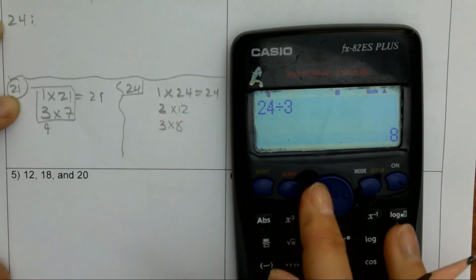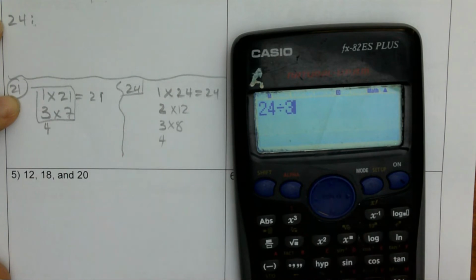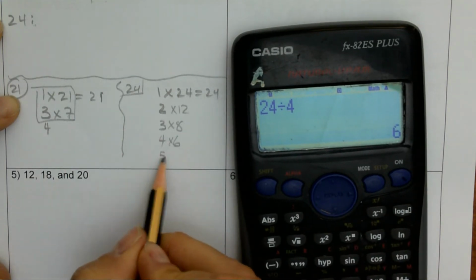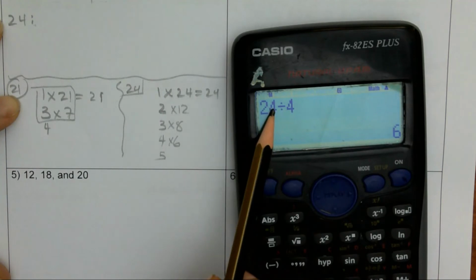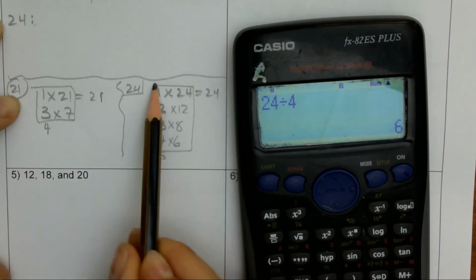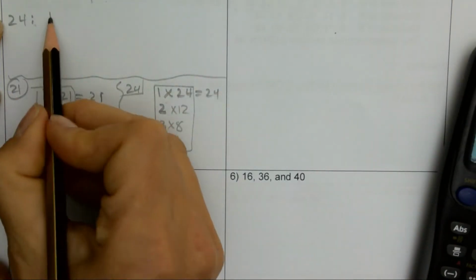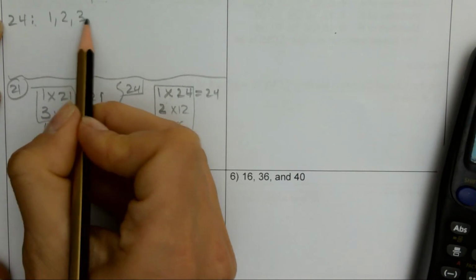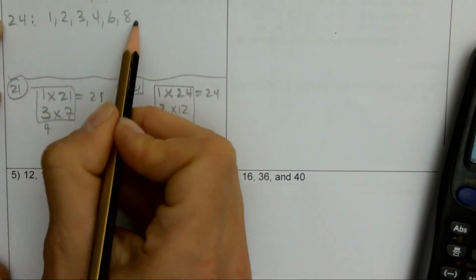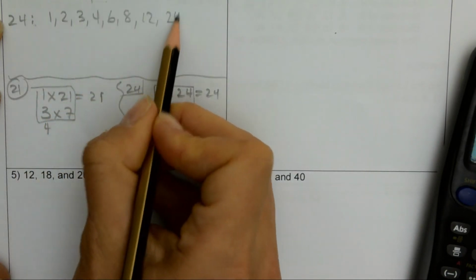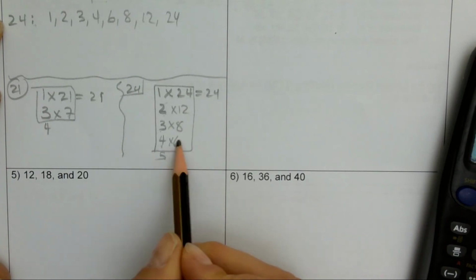What about 4? 24 divided by 4 is 6. What about 5? No, because that does not end in a 0 or a 5. So these are my factors. Write them from small to big: 1, 2, 3, 4, 6, 8, 12, 24.